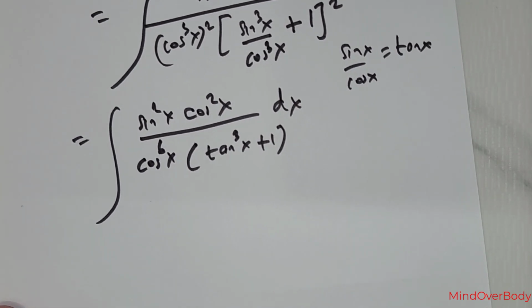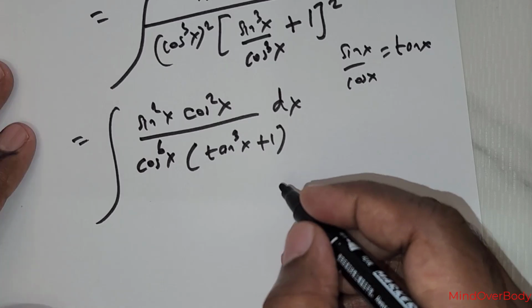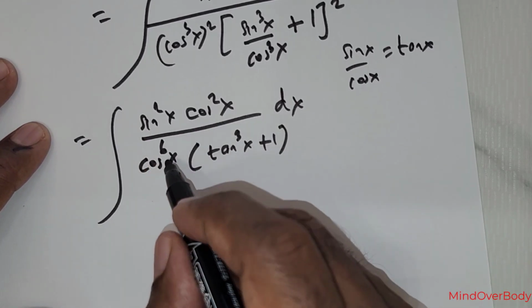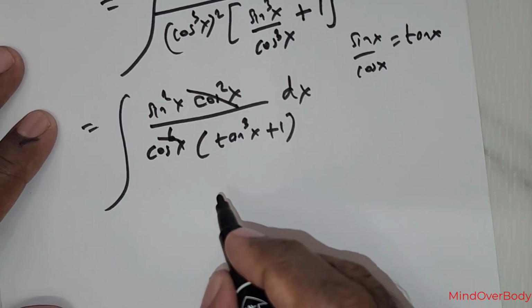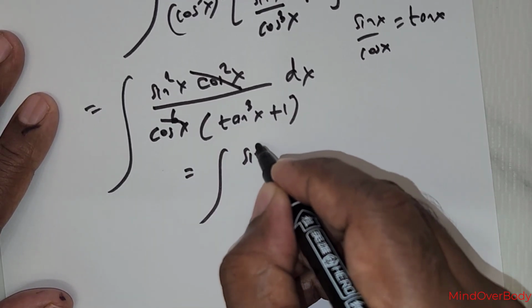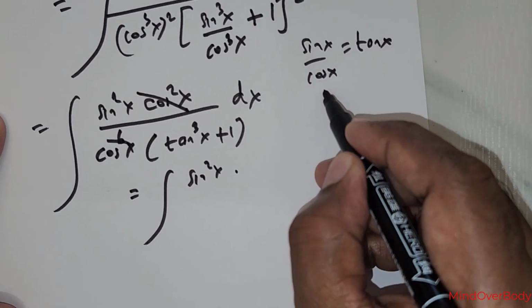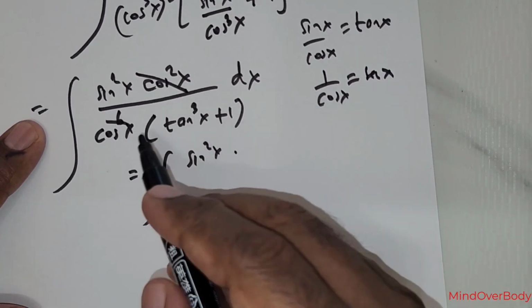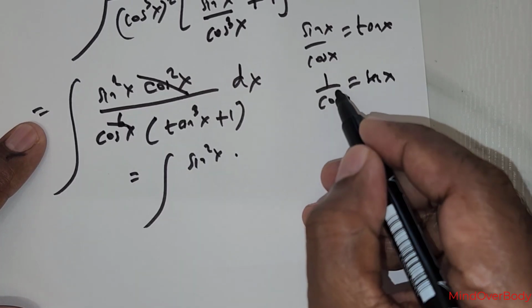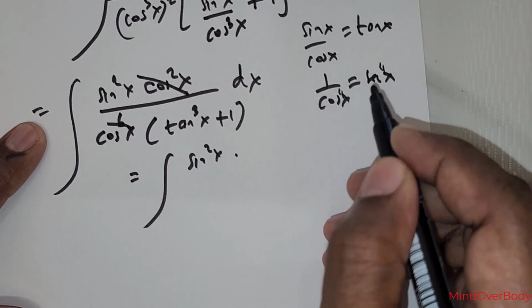Now I would make the following substitution. Before that, I can actually get rid of this. So this would give me sine squared x times, now 1 over cos x is secant x. So this is going to be 4 here, right? So that would mean secant raised to the power of 4x.